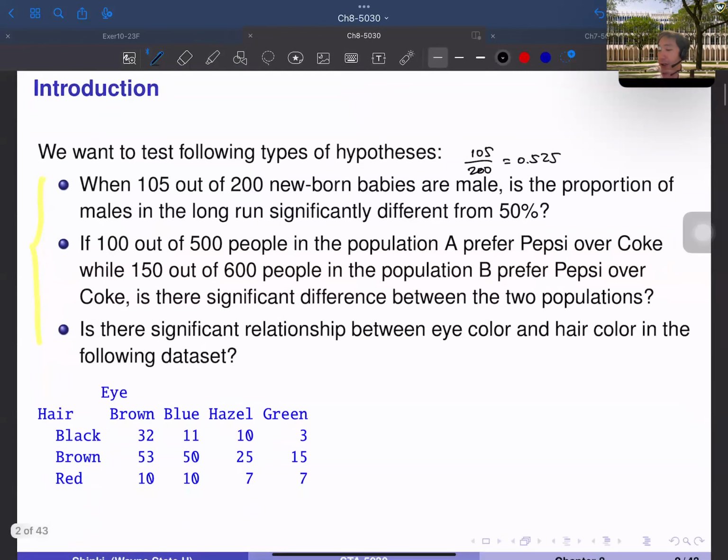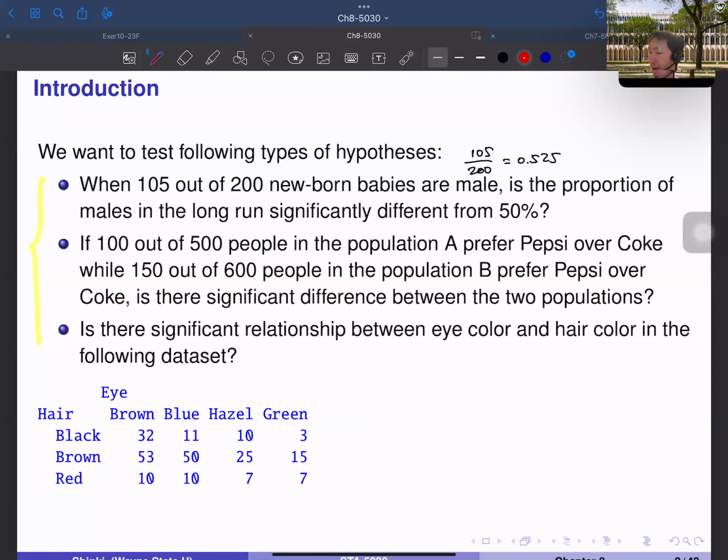The next question: if 100 out of 500 people in population A prefer Pepsi, while 150 out of 600 people in population B prefer Pepsi over Coke, is there any significant difference between the two proportions in terms of preference?